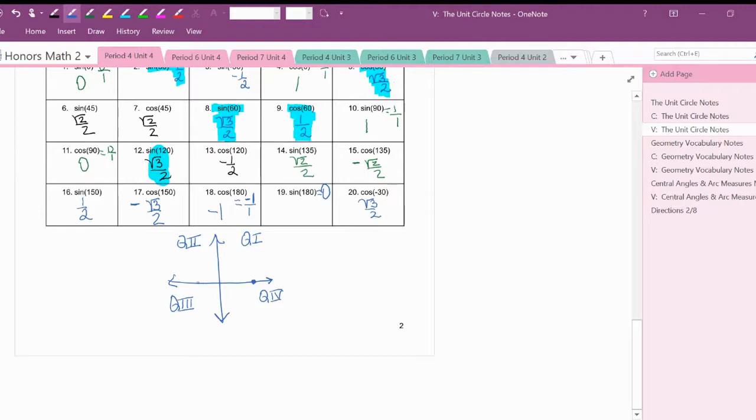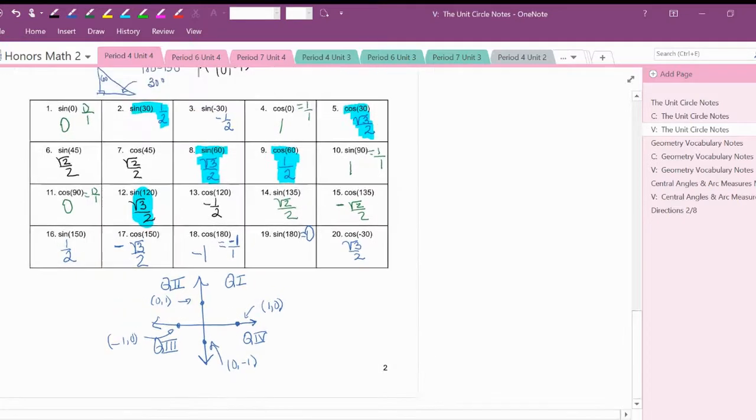We had quadrantal angles, and we're using the unit circle. In quadrant 1, we notice that our sine and cosine are positive.